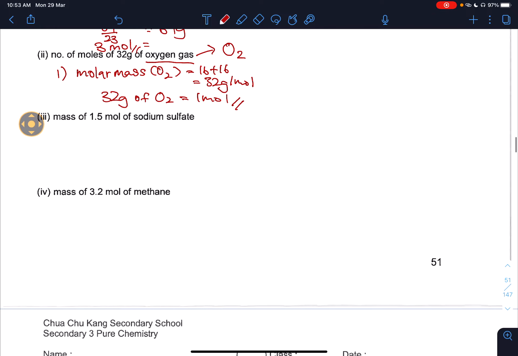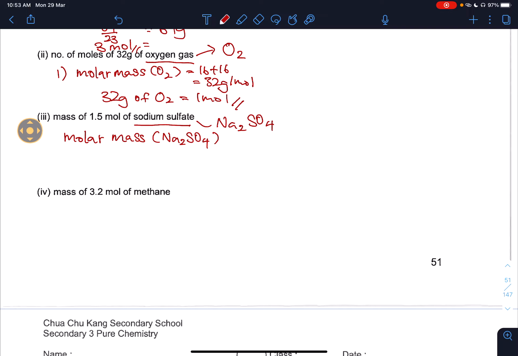Now, the next question. What's the mass of 1.5 moles of sodium sulfate? Pause the video now and think about what the formula of sodium sulfate is. Yes, the formula is Na2SO4. If you cannot remember, think about the balancing of charges. We must first calculate the molar mass of sodium sulfate.